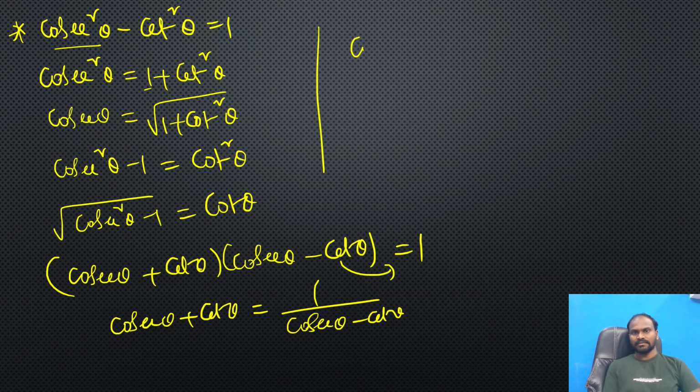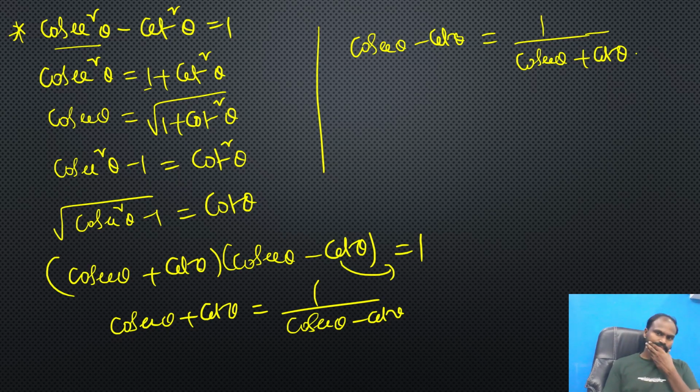And similarly, cosec theta minus cot theta is equal to 1 by cosec theta plus cot theta. Okay, so this is how we can write the formulas from the trigonometric identities, right, students?